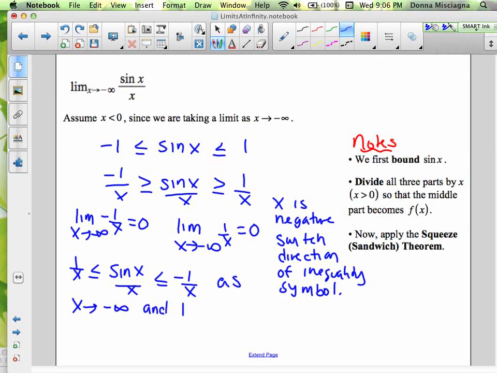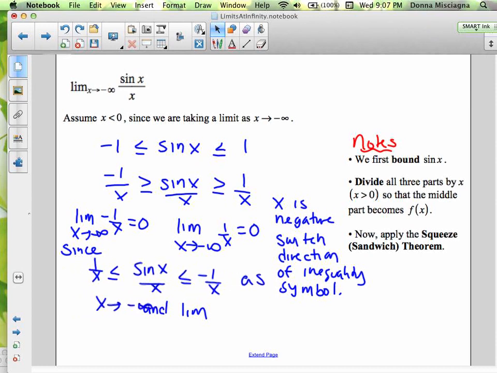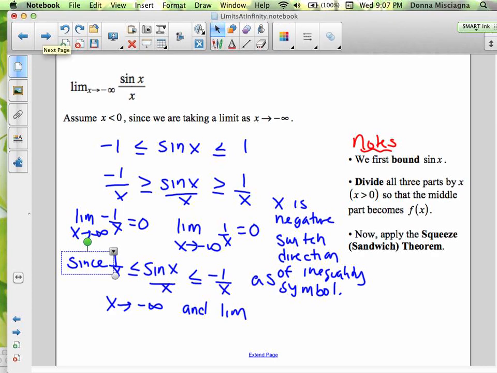And the limit, and I really should add the word since in here so I can make it a sentence. There we go.